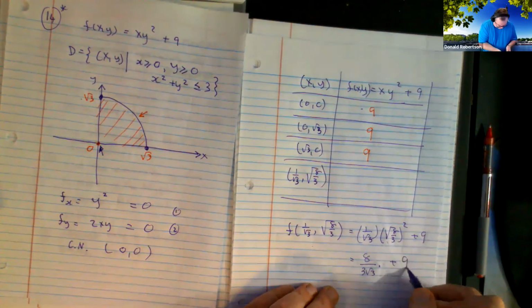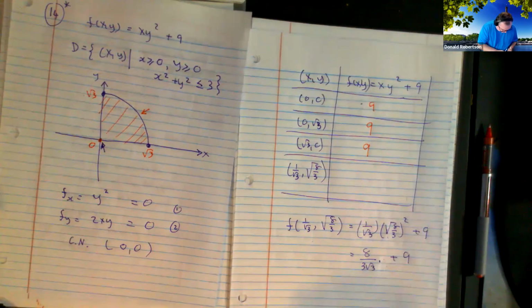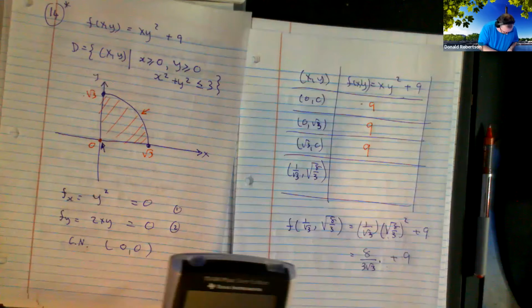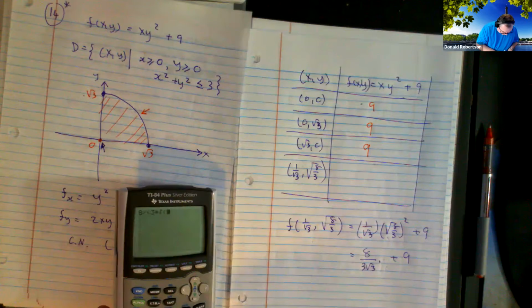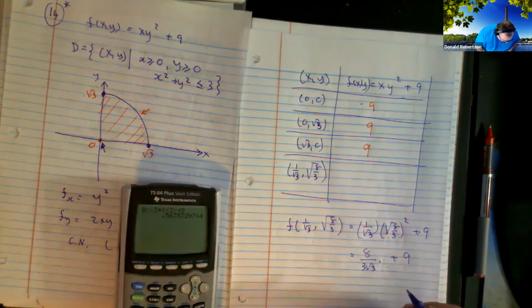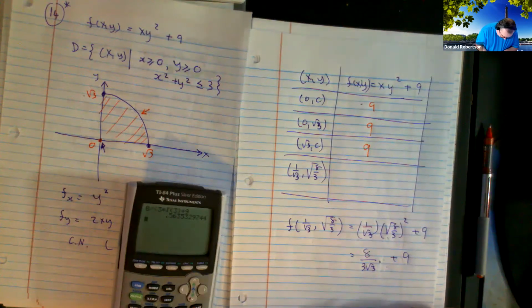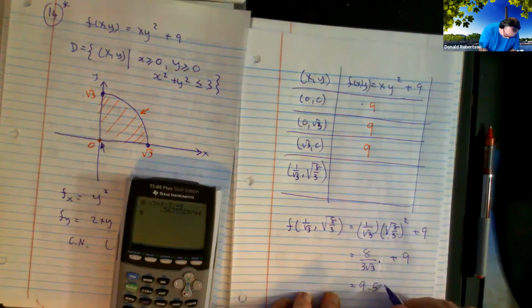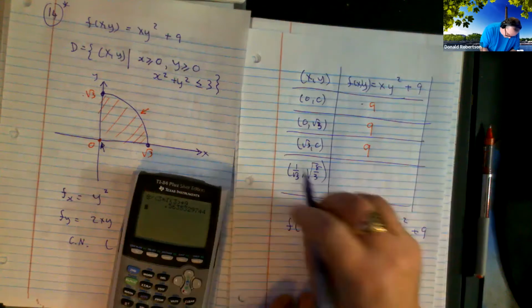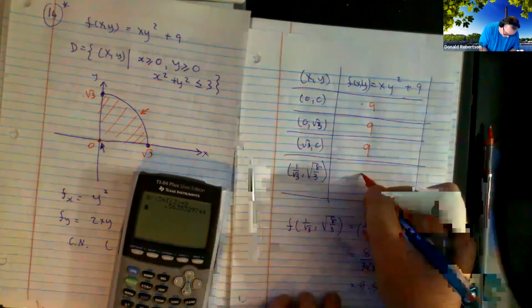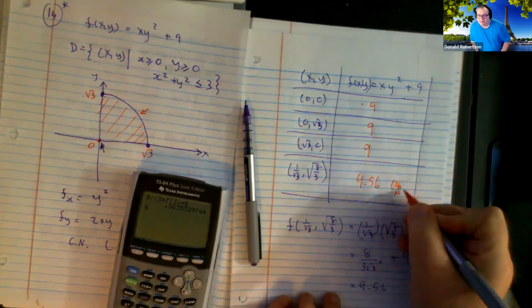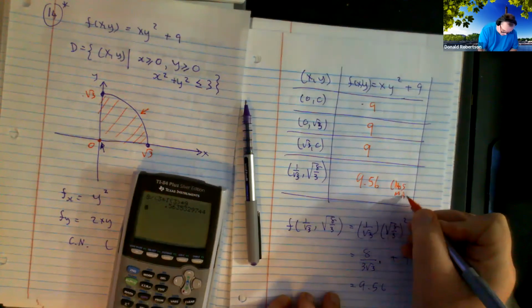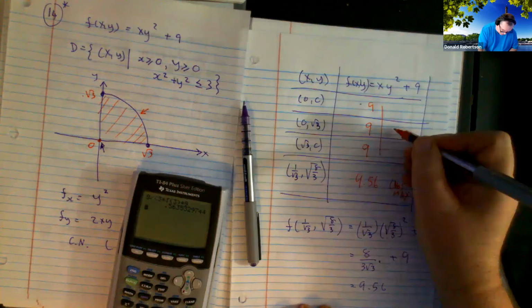And I'm giving up on trying to make that a perfect answer. So 8 divided by 3 times the square root of 3 plus 9 is roughly 9.56. Isn't that my absolute maximum? And these are the absolute minimums.